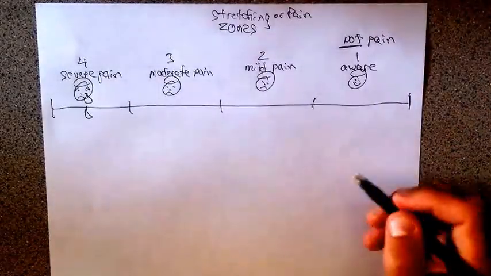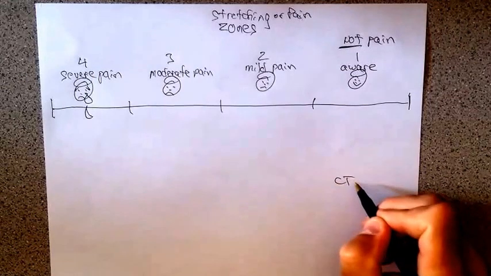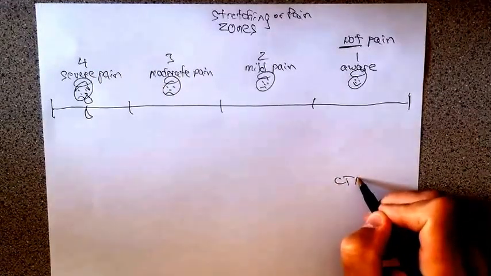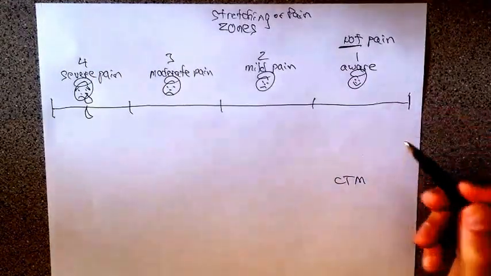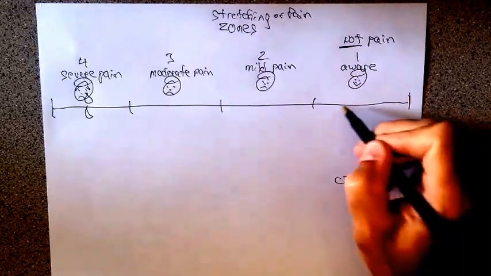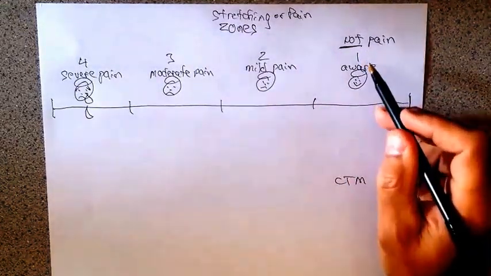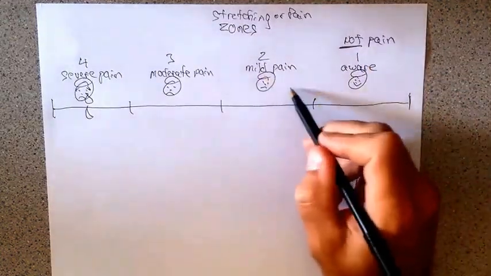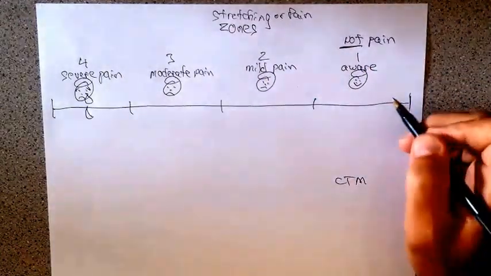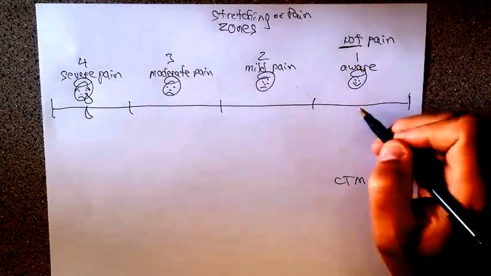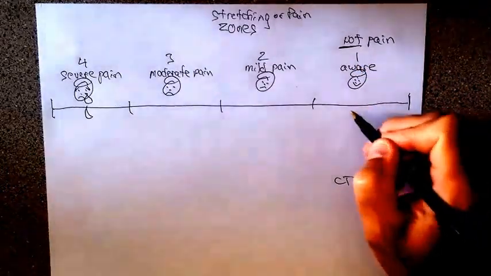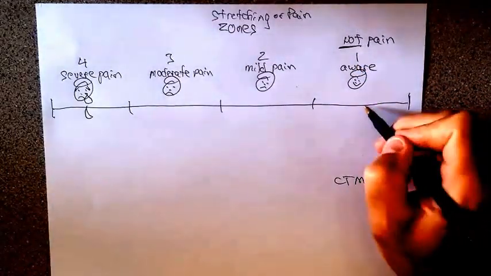Now, the CTM, the connective tissue molding idea, is that you're always in zone 1 with this. You're aware of the stretch, but it's not painful. You're not getting into zone 2. Now we can take zone 1 and break it up into 10 segments.